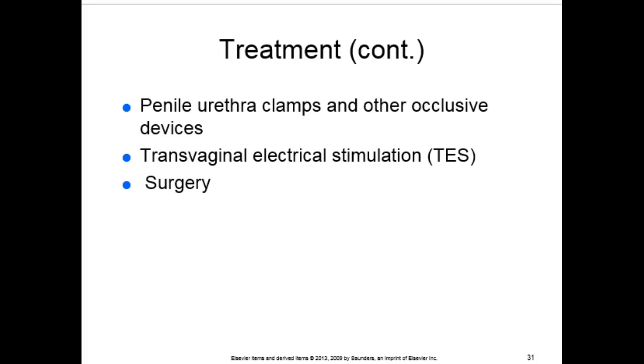retropubic suspension. The procedure is performed to correct a cystocele or prolapse of the bladder into the vagina and urinary incontinence. A low abdominal incision is made and the urethral position is elevated in relation to the bladder. The urethral and suprapubic catheters are in place for several days post-op.